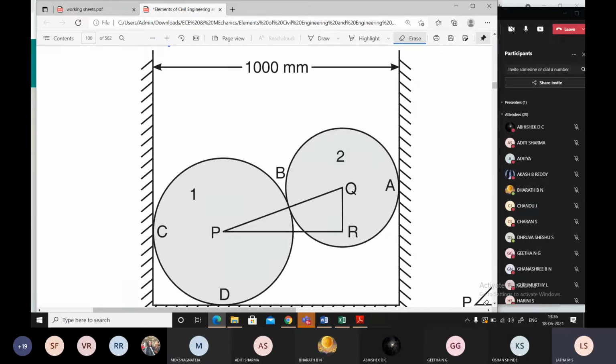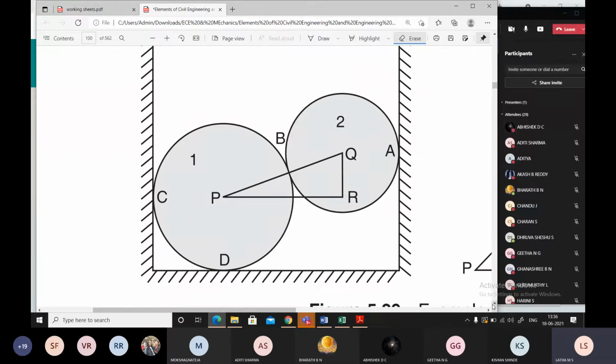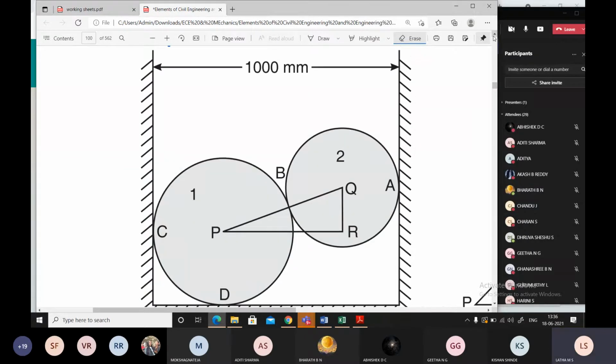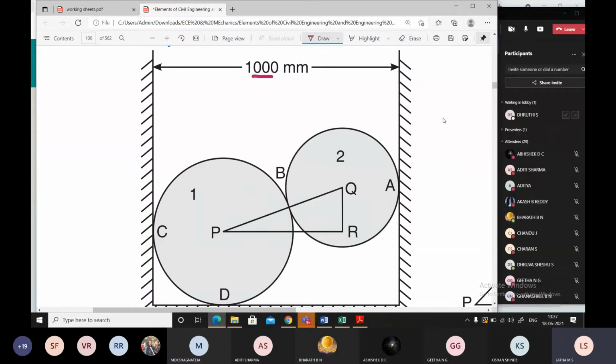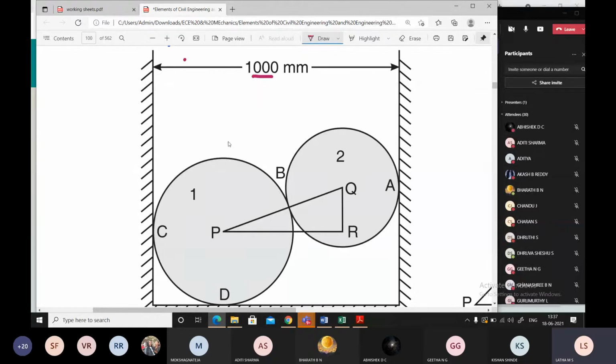Now, going to the problem. This is the problem which is given. Please write on this diagram, students. There are two spheres, right? The clearance is given as 1000 mm. The sphere 1 and sphere 2.